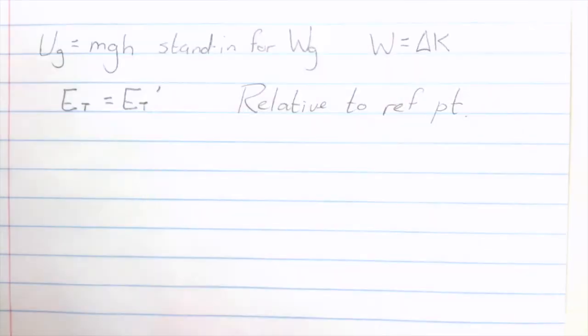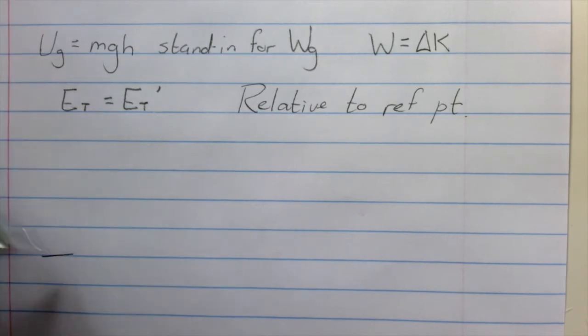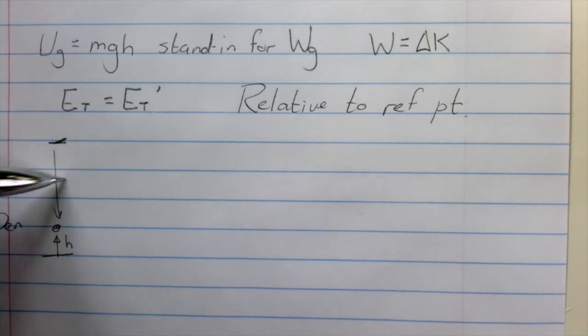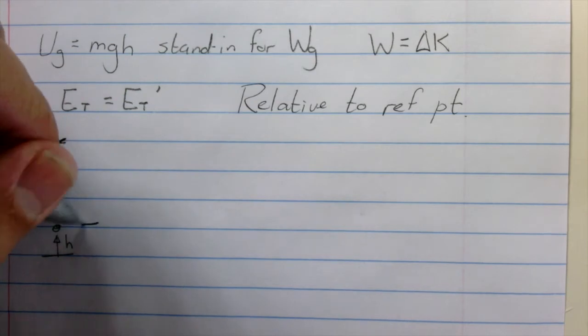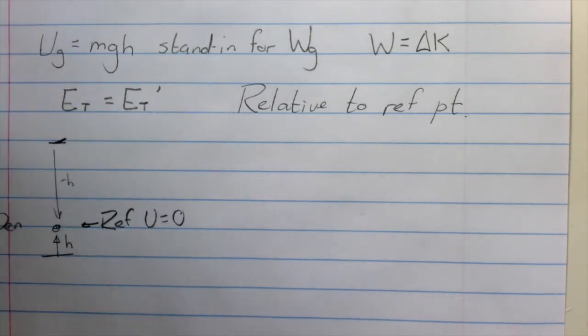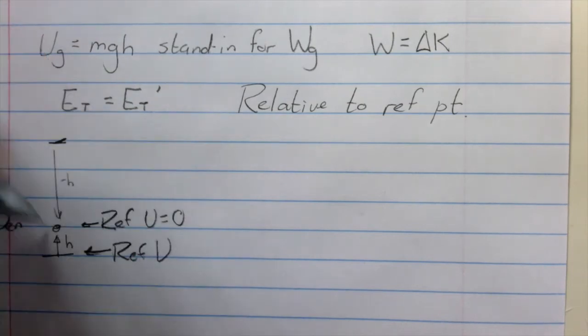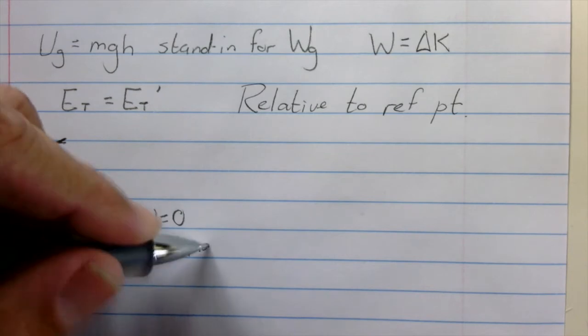Okay, and I'm going to do a couple of little things. Here's the pen, and I've got some height above the table. Here's the ceiling. I've got some negative height there. So if this is my reference point right there, U equals 0. If this is my reference point, U of the pen would be mg times that h.